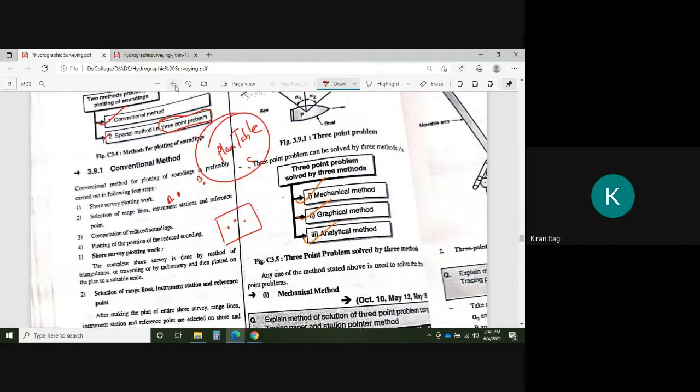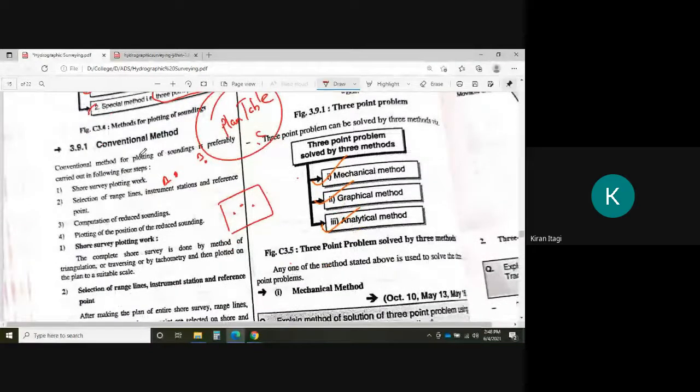The conventional method of plotting of sounding is preferably carried out in 4 steps: shore survey and plotting work. First, we do the surveying of the shoreline and selection of the range lines. Whatever you see here, we have already learned in the different methods of locating sounding.